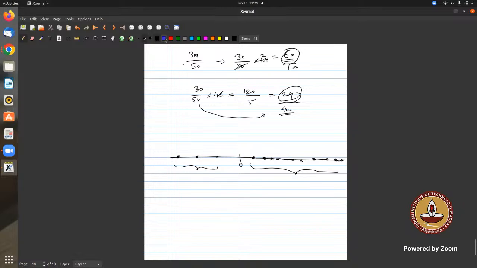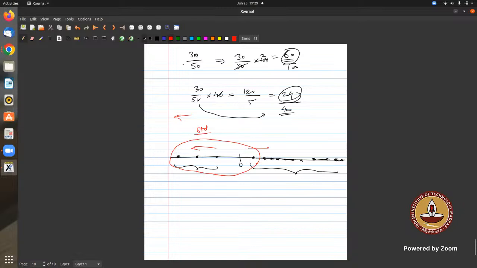But when you take a sample, you choose the values randomly. So I have taken this sample, and I calculated the standard deviation here. This value will shift towards this side only, because most of the values in this data set are on this side of the 0.